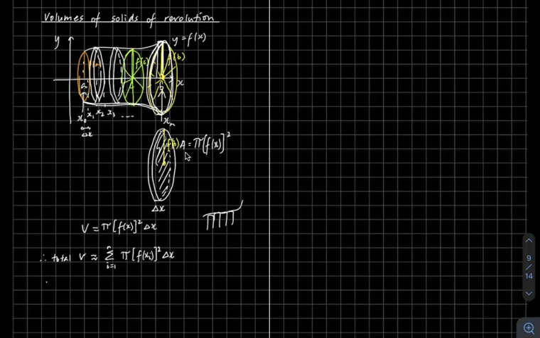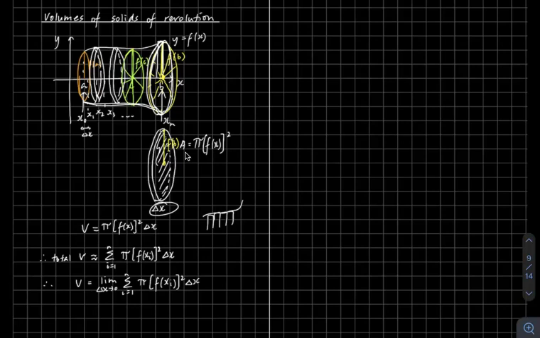So here I'm going to say, well, therefore the exact volume would be the limiting sum. So the limit of this sum, i equals 1 to n of pi times f of x sub i squared delta x, the limit of that as delta x approaches 0. In other words, as the width of these becomes smaller and smaller.